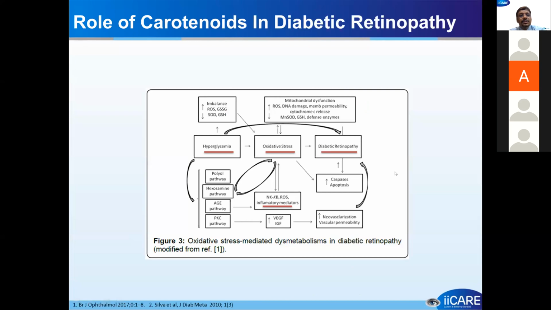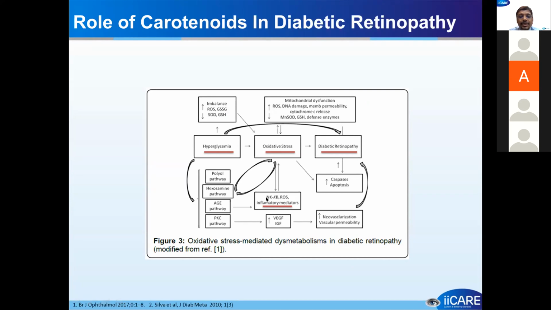As we know, the basic mechanism behind the development of diabetic retinopathy is oxidative stress, which is triggered by hyperglycemia and, through different pathways, increases oxidative stress, ultimately leading to inflammation.